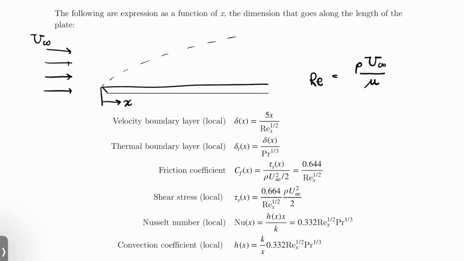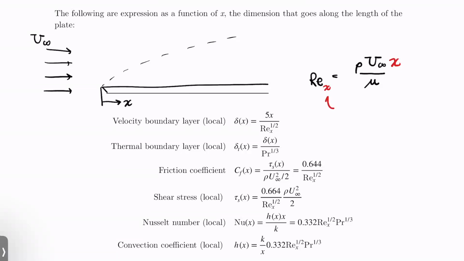The subscript X gives us our length, so you can find the Reynolds number at any point along the length of this plate. If you wanted the Reynolds number at the very end of the plate, you would just plug in that X.